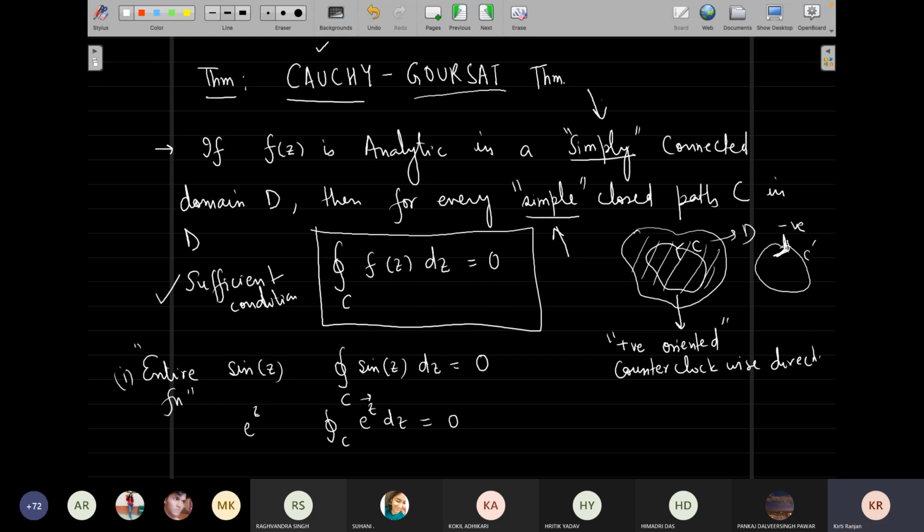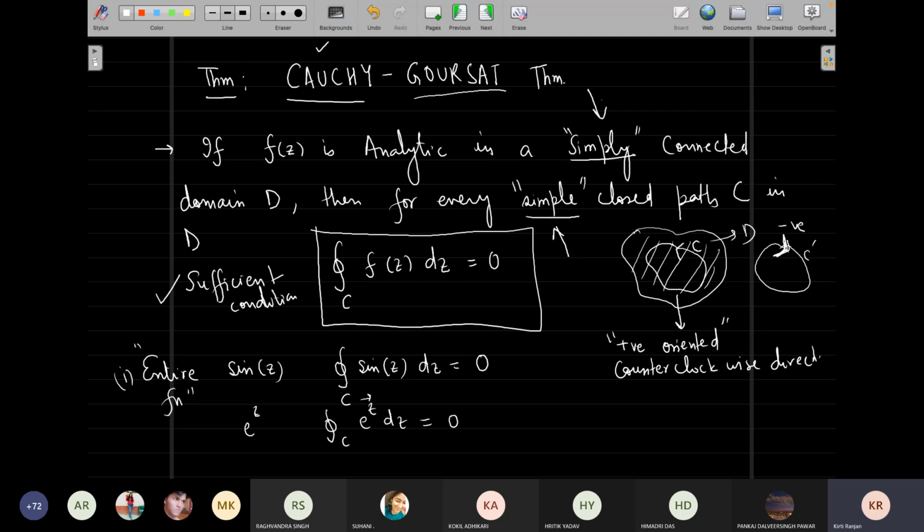That means instead of evaluating over a complicated path, I am evaluating over something which I know, it could be a circle, for example, as long as it is continuously deformed within a region in which analyticity is maintained. We also figured out that for these analytic functions, the antiderivatives must exist, and hence the integral becomes just a path independent integral.